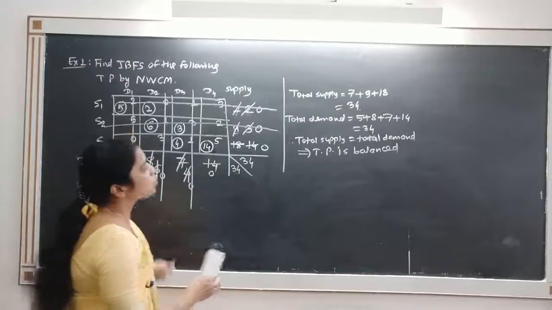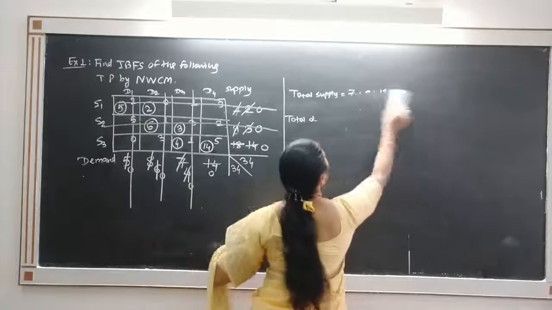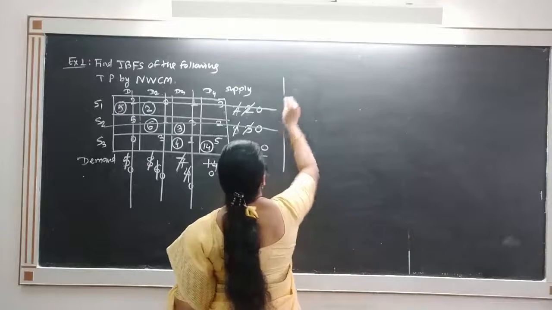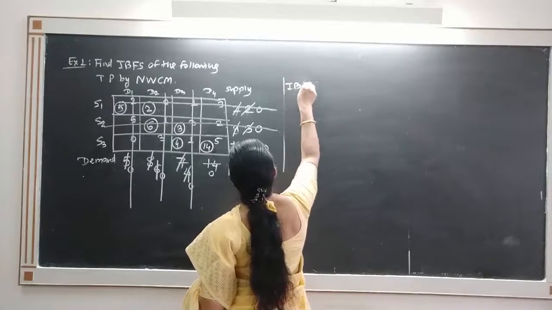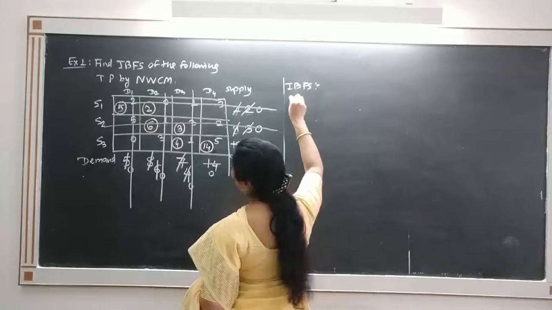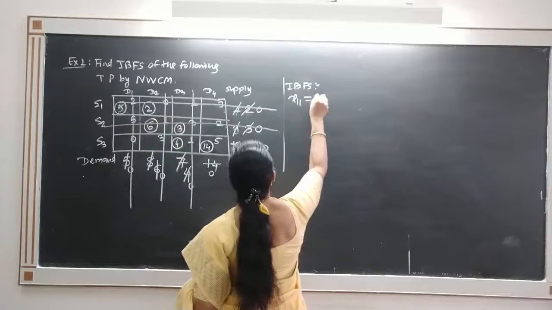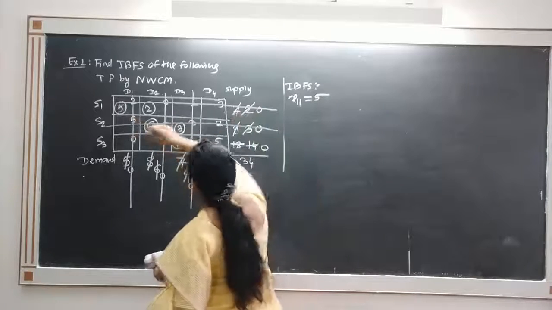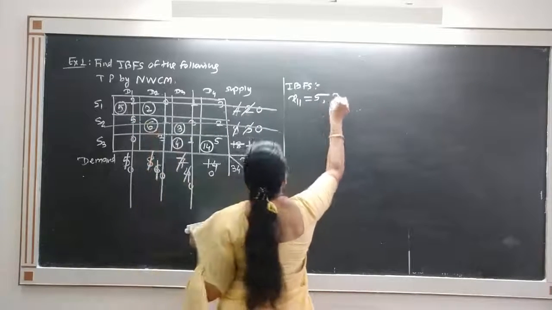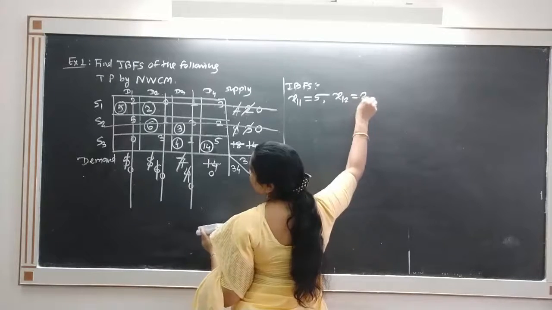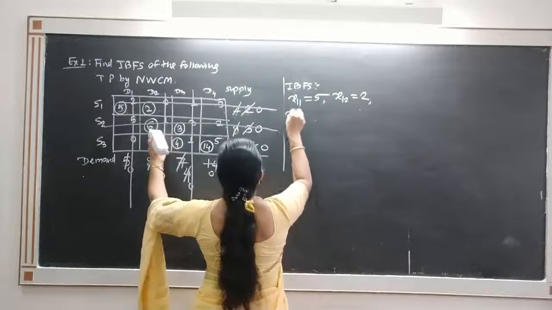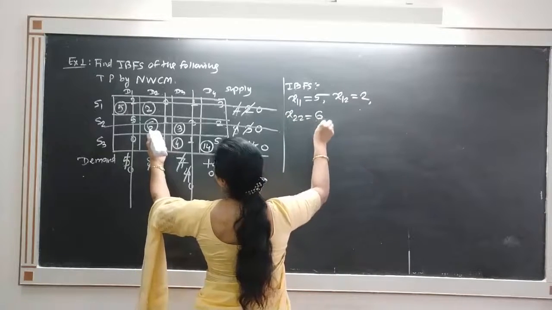So this is the solution by northwest corner method. So write down the final solution. So what is initial basic feasible solution by northwest? X11, the first cell has allocation 5. X11 is equal to 5. Second cell, that is X12 is equal to 2. X22 is equal to 6.